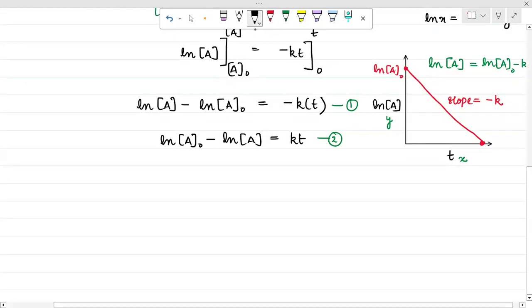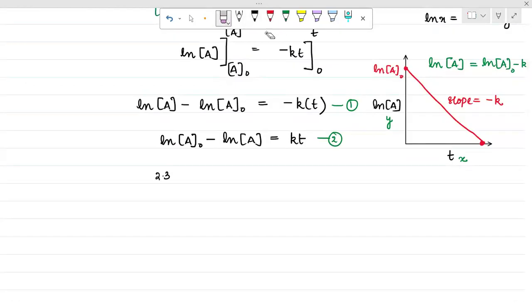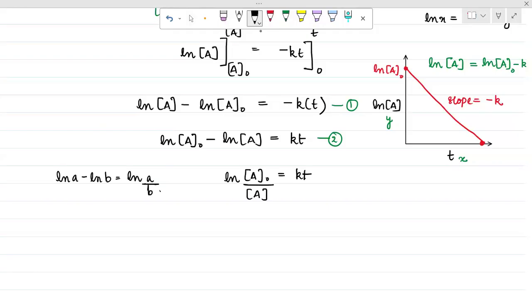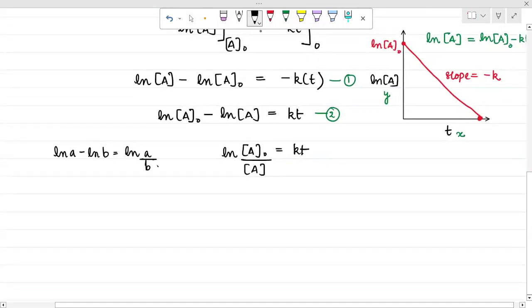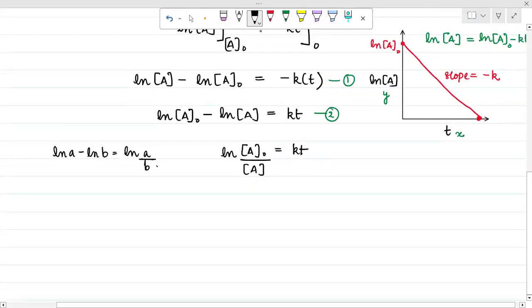Before going to that, we can rearrange over here itself. ln A minus ln B, you know, is ln A by B. So this is ln A0 by A is equal to kt, from the relation ln A minus ln B is equal to ln A by B. Now the same thing we have written in natural logarithm can be written in just log.